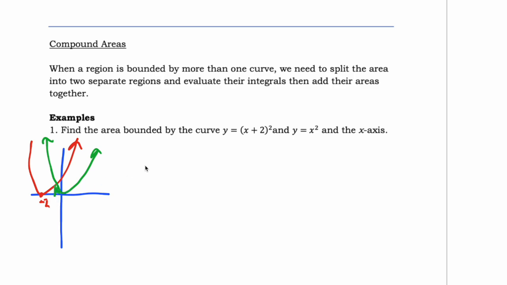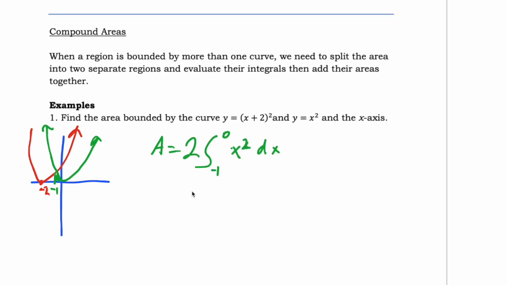So one thing you can do is twice the integral from -1 to 0 of just underneath the green function, which is x squared. You can split into two different integrals there, but this is the easy way to do it, to recognize the symmetry of the graph and integrate this.